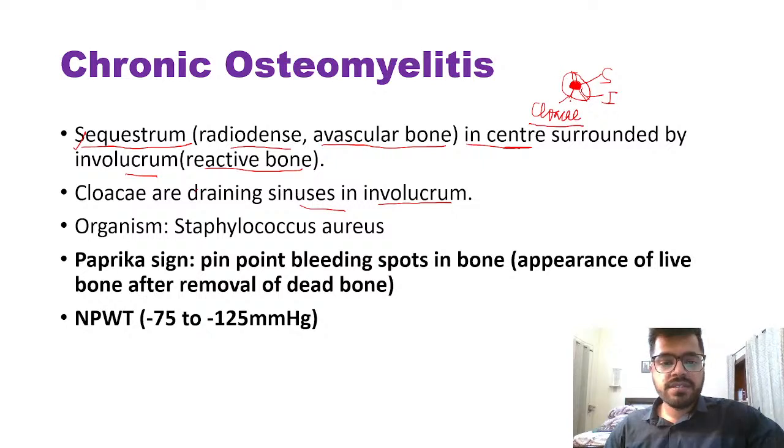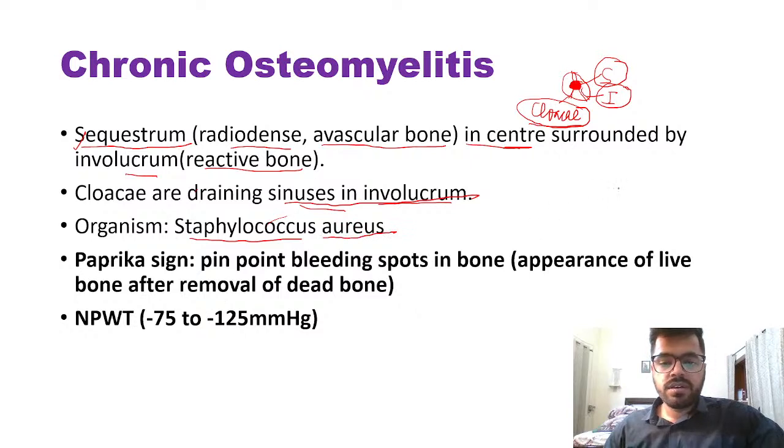So on the inside there is a necrotic avascular bone which is radiodense, called sequestrum, surrounded by reactive bone formation, which is involucrum, and the sinuses formed inside the involucrum are known as cloacae. The organism, again, is Staphylococcus aureus, the most common organism.